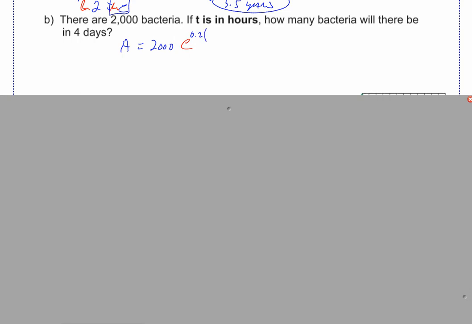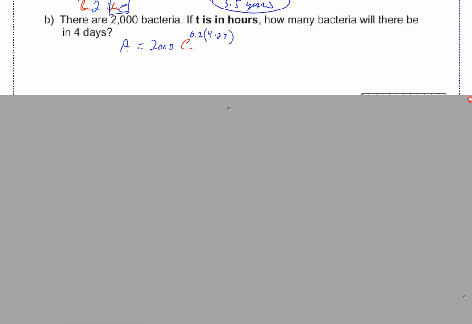So the only trick in this problem is, 4 days is how many hours? So hopefully we all know to take 4 days and multiply it times 24. So you have to do e to the parentheses 0.2 times 4 times 24, close the parentheses. Multiply that value times 2,000.